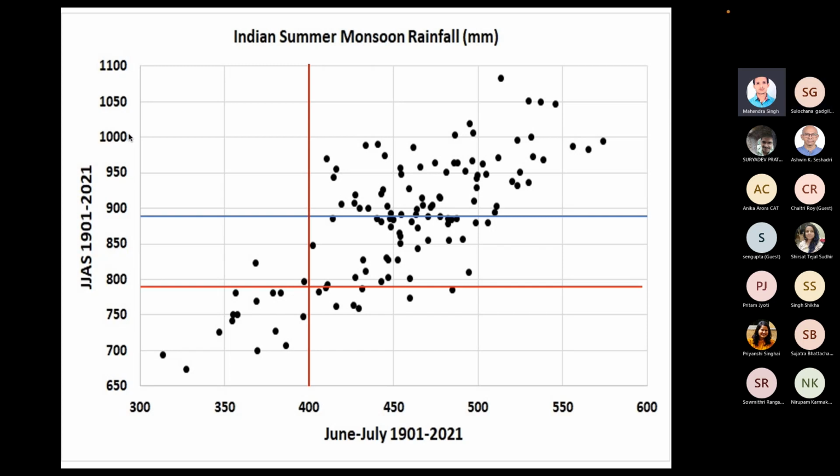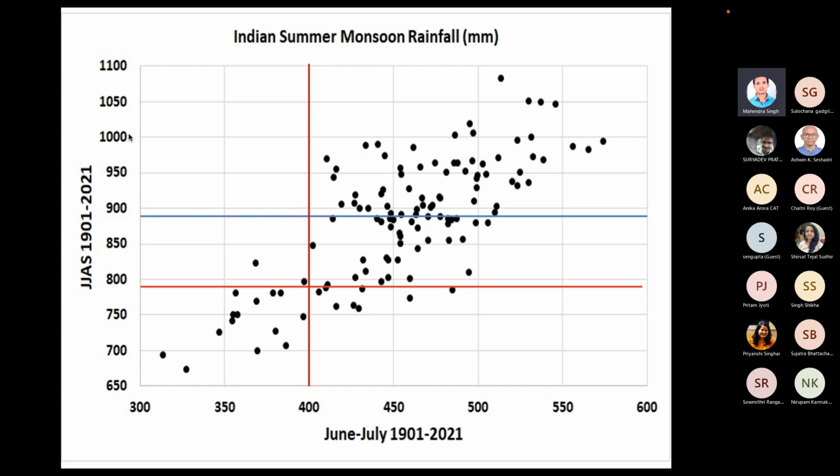On the other hand, if the June-July rainfall is below 400 millimeters, the soil becomes drier and will cause the water vapor to decline, and that will suppress convection. So what happens in the first 2 months of the monsoon is very critical.